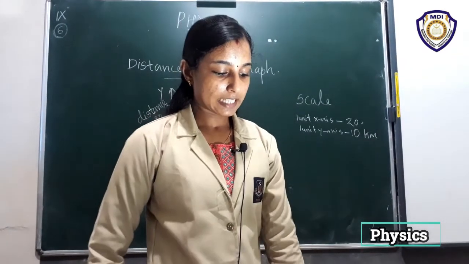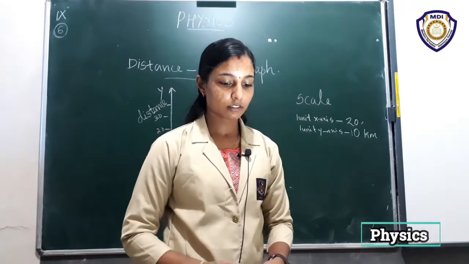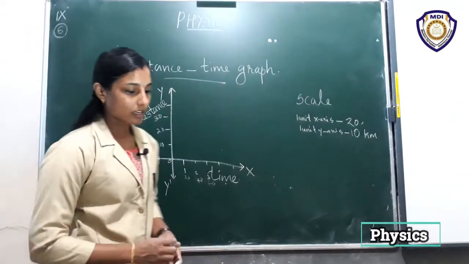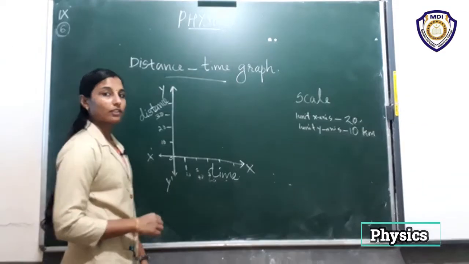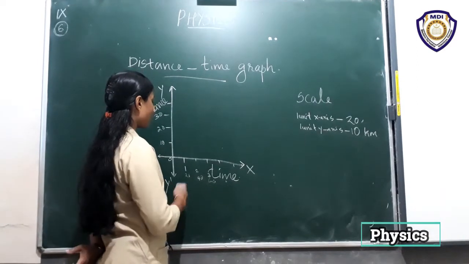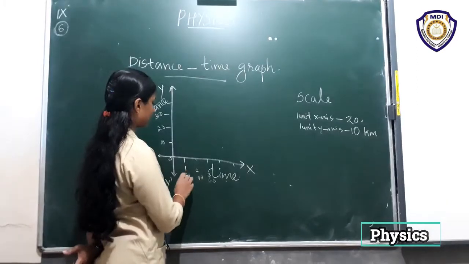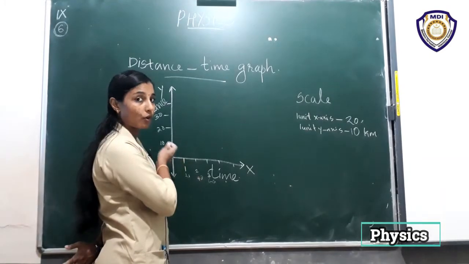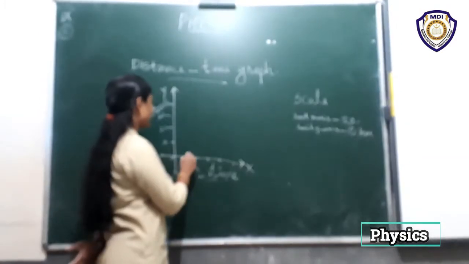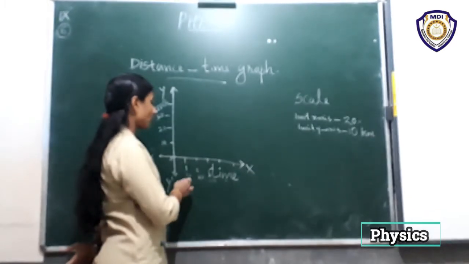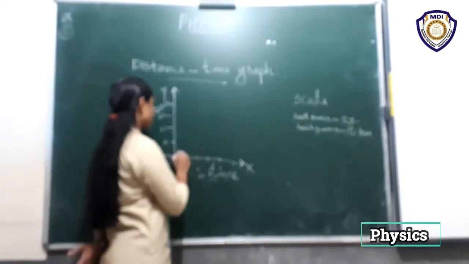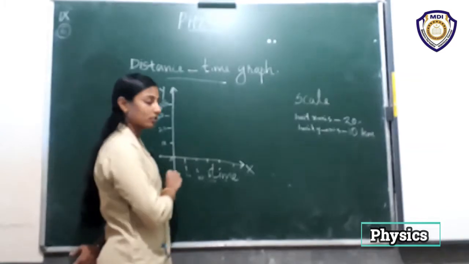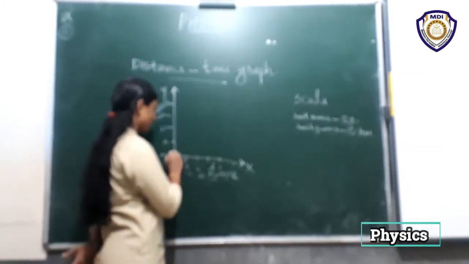Here it is given that an object is moving with uniform speed. So what will be the line graph or the distance time graph of a uniform speed object? At first it is at rest, right? So this is the origin.